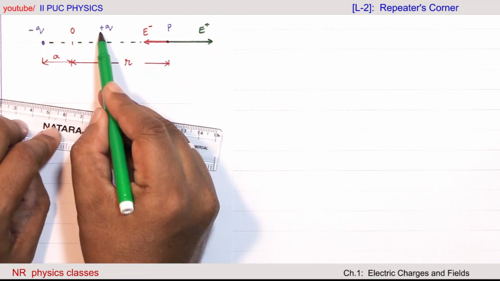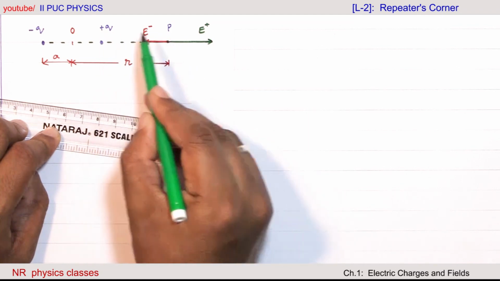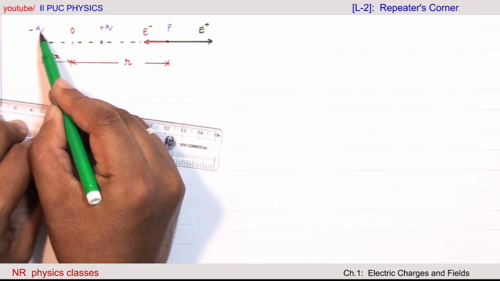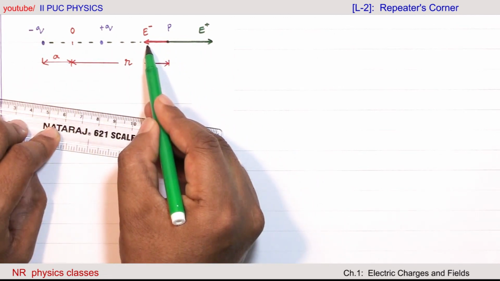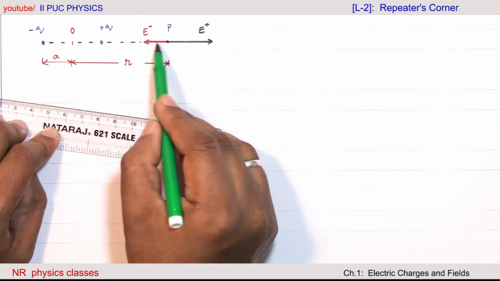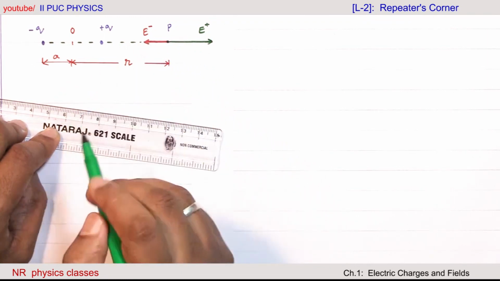Observe, plus Q is closer to P, therefore the influence of plus Q is more, shown by a longer vector. The influence of minus Q at P is less, therefore a shorter vector. These two are in opposite directions, therefore the difference of these two electric fields gives the resultant electric field.